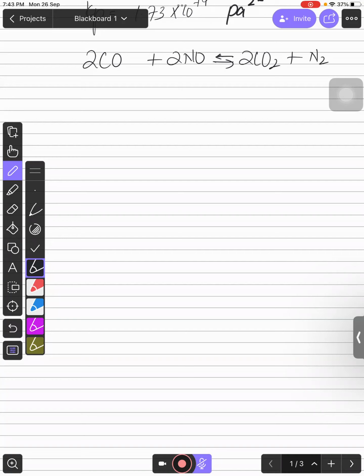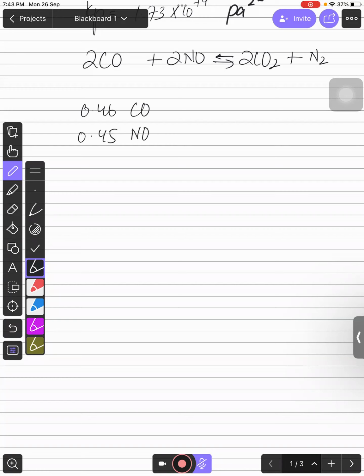The informations are, they are saying the chemist mixed 0.46 moles of carbon monoxide and 0.45 moles of nitrogen monoxide, right?